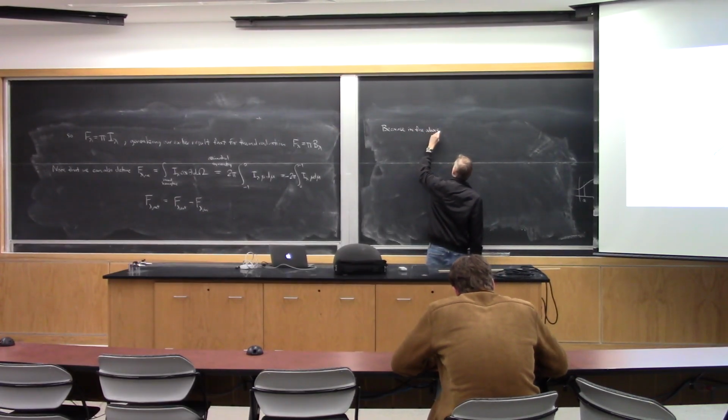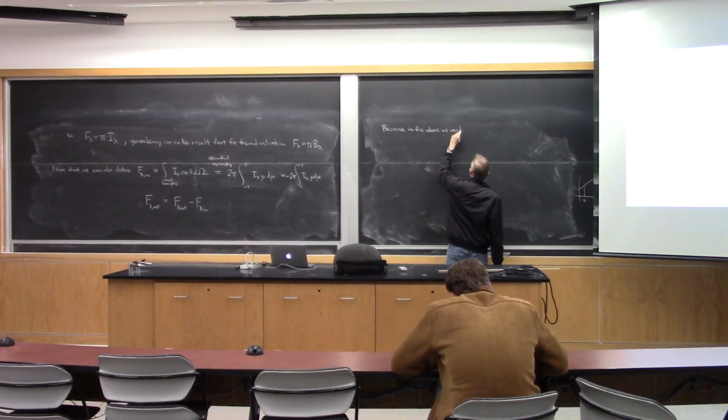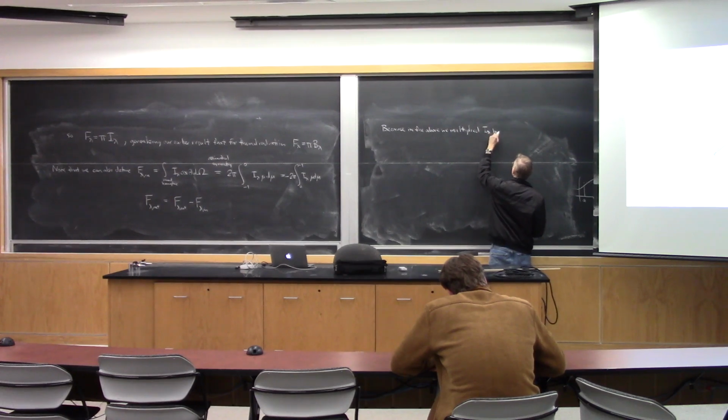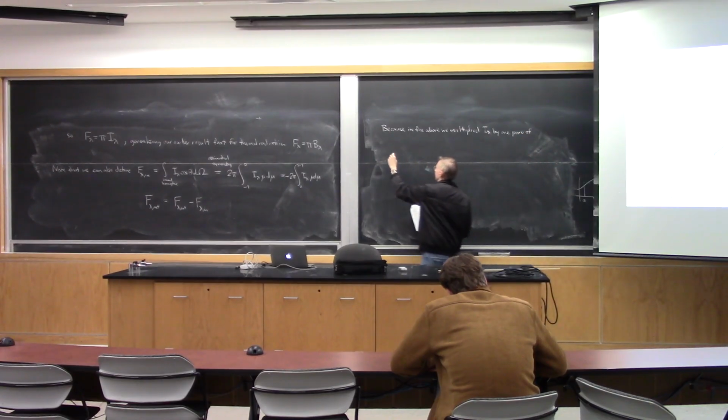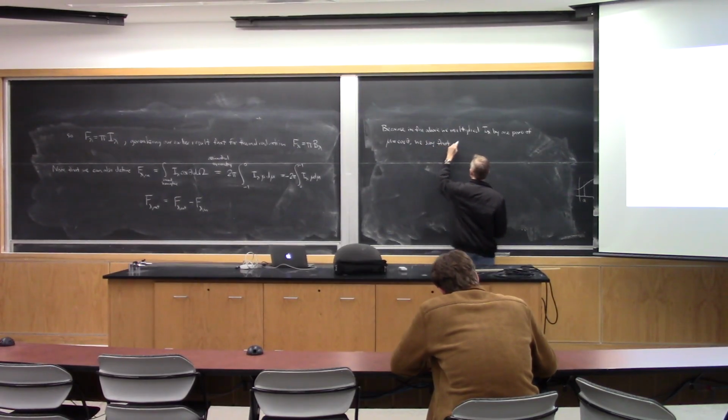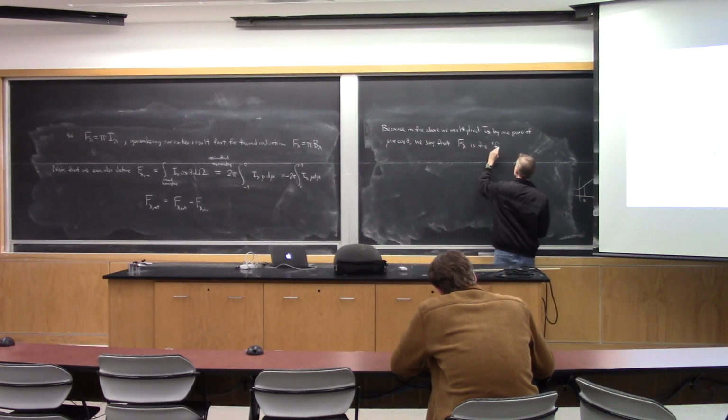Because in the above, we multiplied I lambda by 1 power of mu equals cos theta. We say that F sub lambda is the so-called first moment of the radiation field.